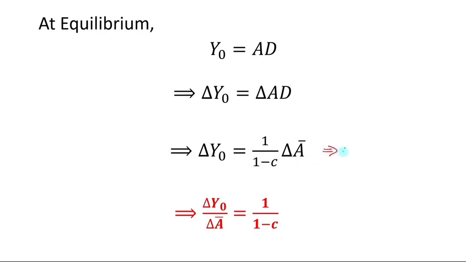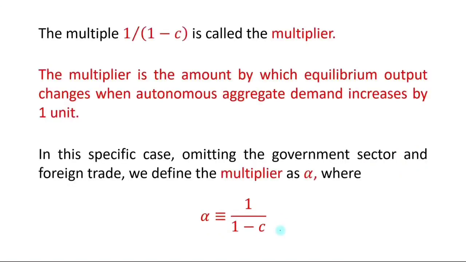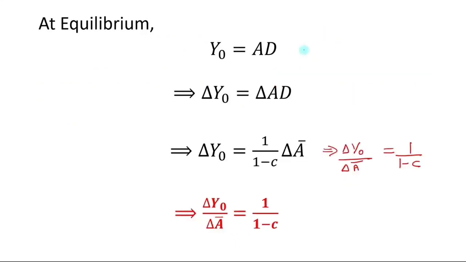We solve this, and we get change in Y0 over change in A bar, this term. The change in equilibrium level of output per unit of autonomous spending is equal to 1 upon 1 minus MPC. The multiple 1 upon 1 minus MPC is called the multiplier.